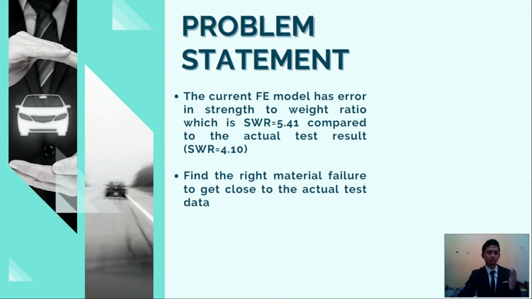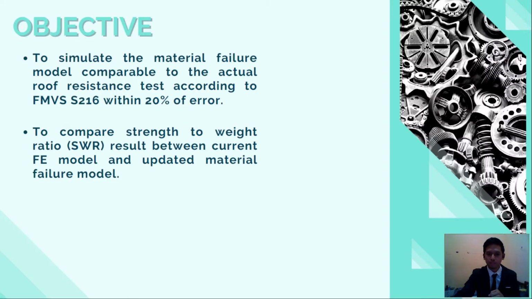So this is my problem statement. The current FE model has an error in strength to weight ratio, which is SWR, of 5.41 compared to the actual test result, which is SWR 4.10. I want to find the right material failure to get close to the actual test data.